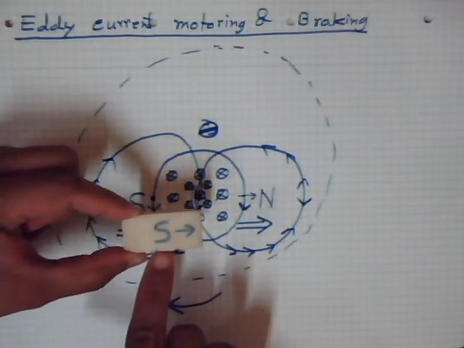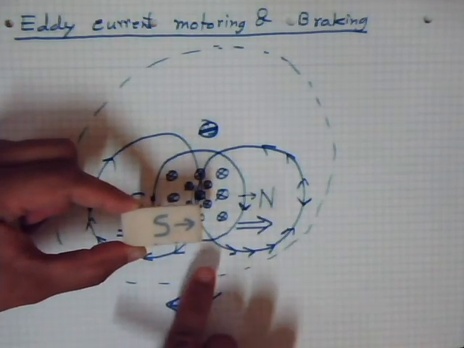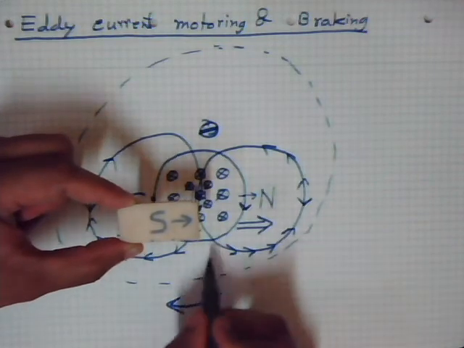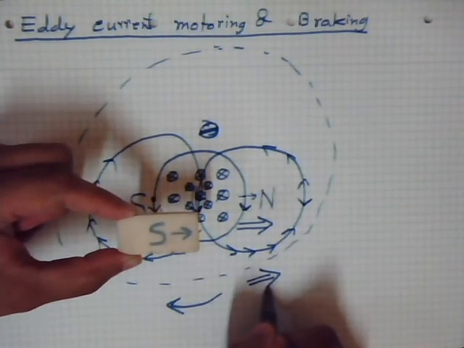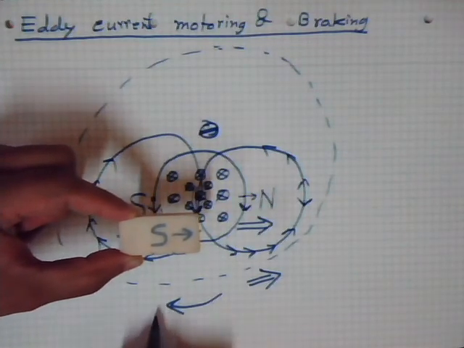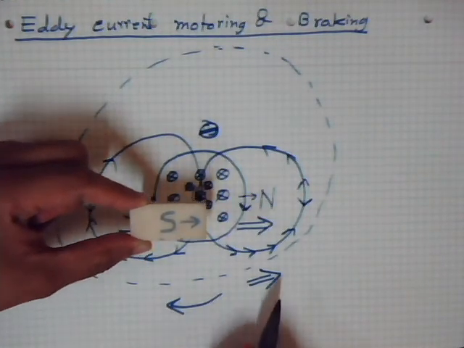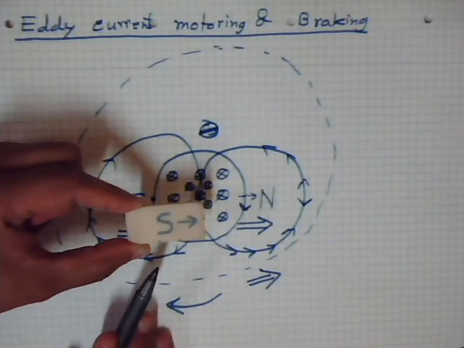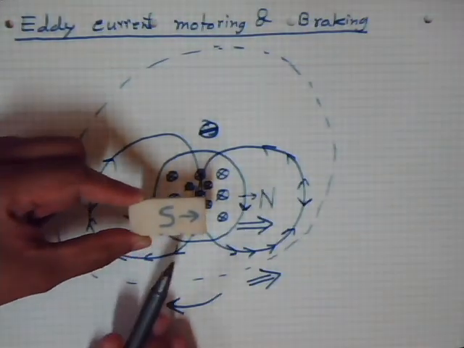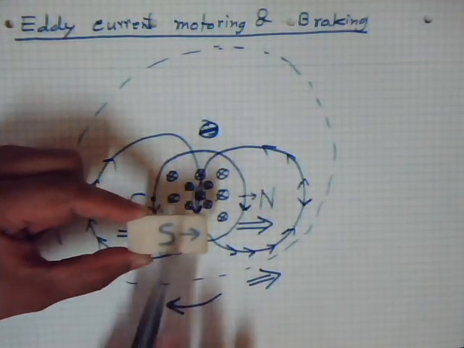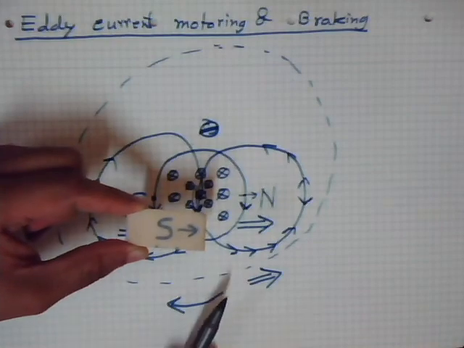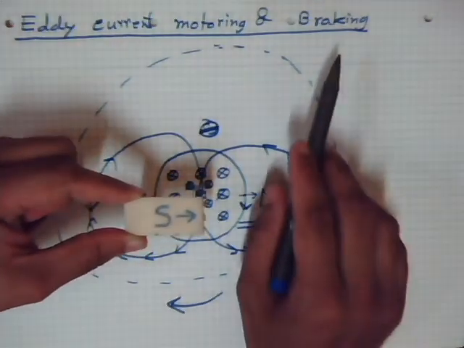So this magnet will try to pull this disc in this direction, or in other words, the rotation of the disc is opposed by the presence of this magnet. That means if the disc is rotating, the stationary magnet will oppose the motion of this disc, which is known as eddy current braking.